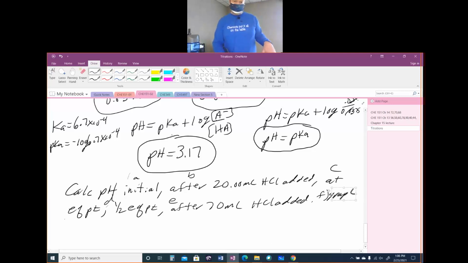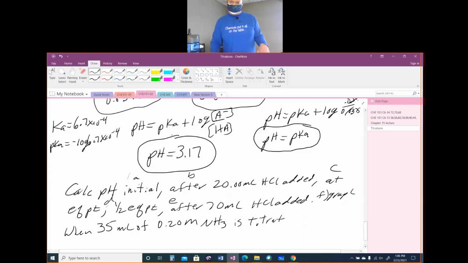So when 35 mils of 0.2 molar NH3 is titrated with 0.12 molar HCl. All right, so now again, you have three reactions that you will need.